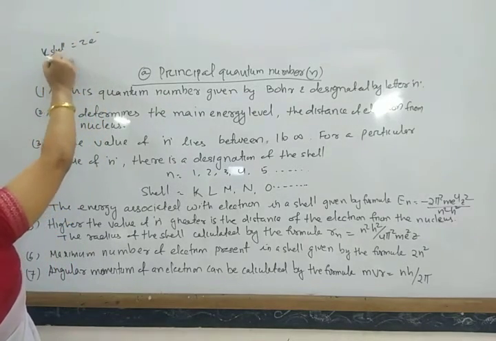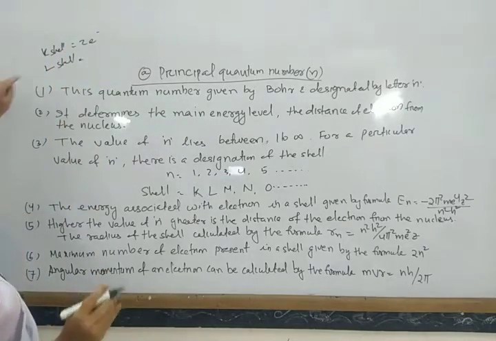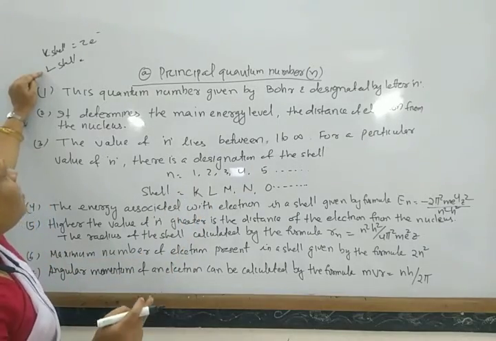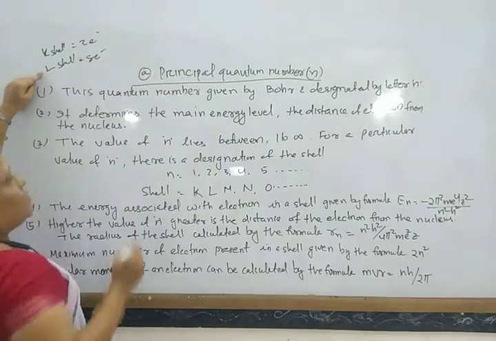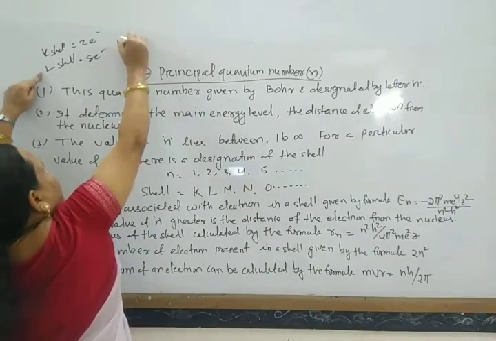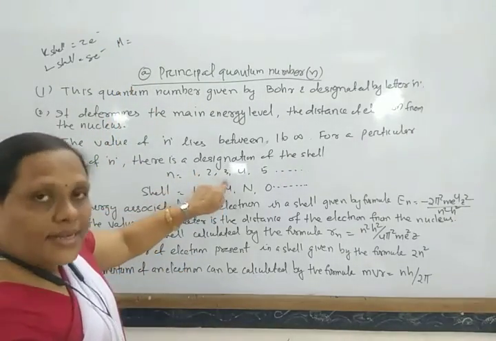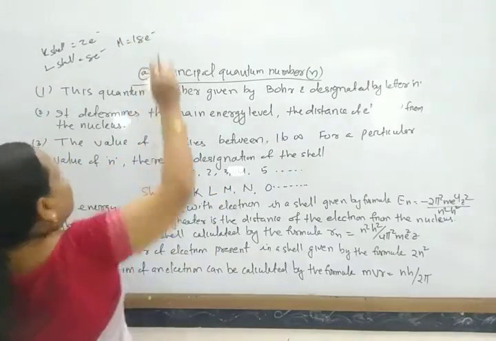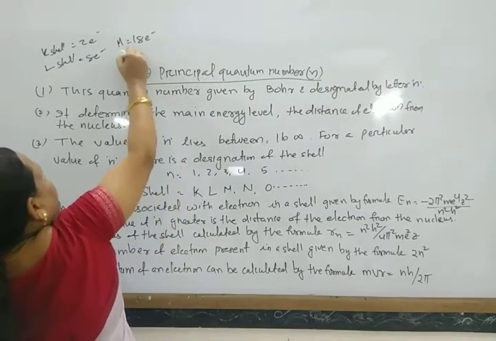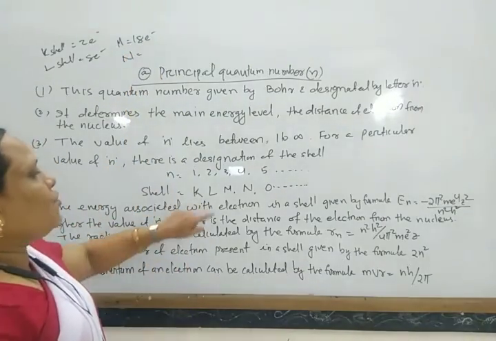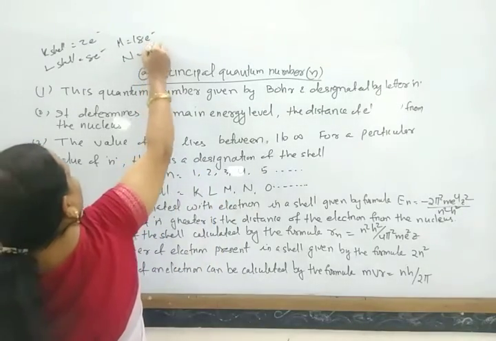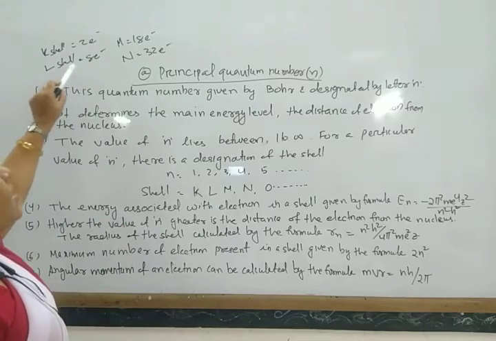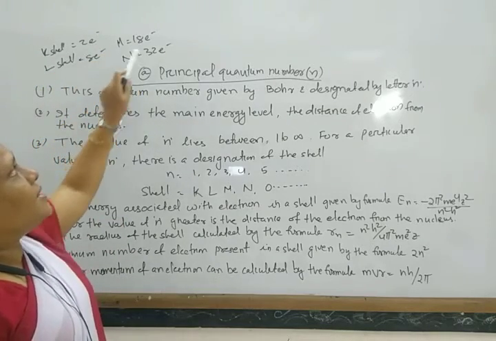When we consider L cell, n equal to 2, 2 into 2 square, that is equal to 8 electron. And in M cell, n equal to 3, 2n square, that is 18 electron. Similarly for N cell, 2 into 4 square, that is equal to 32 electrons. So in this way, K cell contain 2 electron, L cell contain 8 electron, M contain 18, and N cell contain 32 electrons.